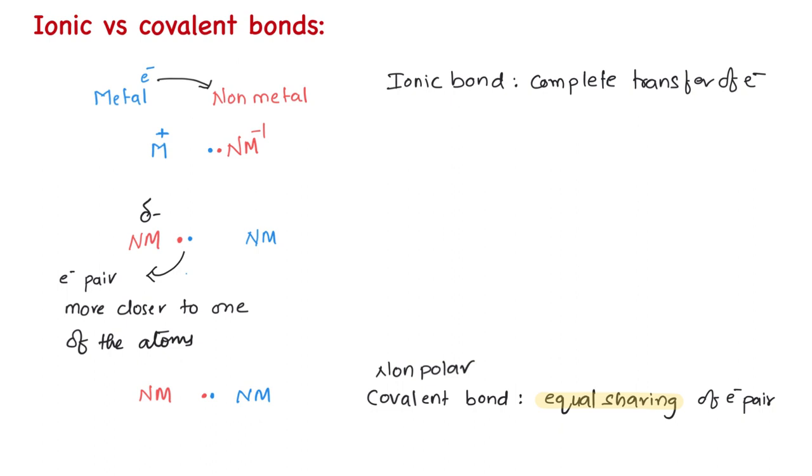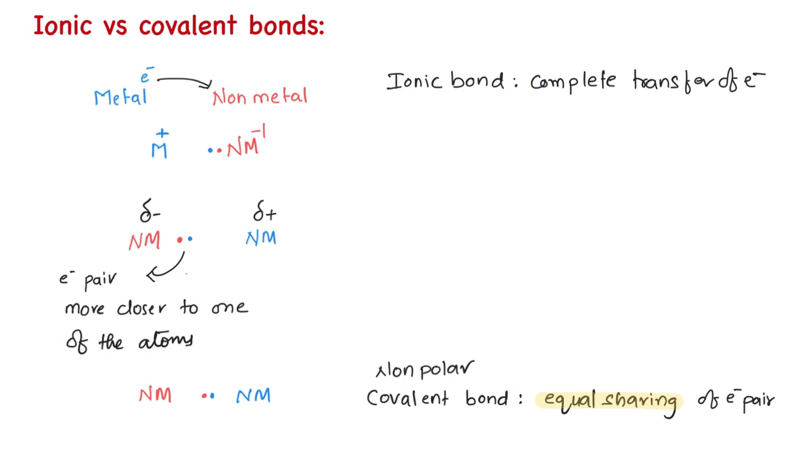This partial negative charge is represented by a delta minus sign on the atom. And the atom that is farther from the electron pair acquires a small amount of positive charge. That is a partial positive charge. And this is represented by writing a delta plus sign on the atom.